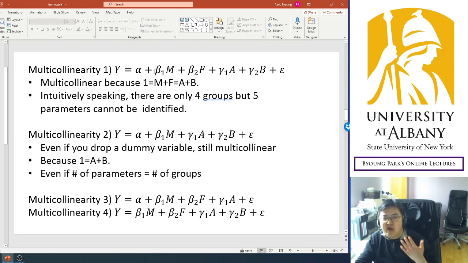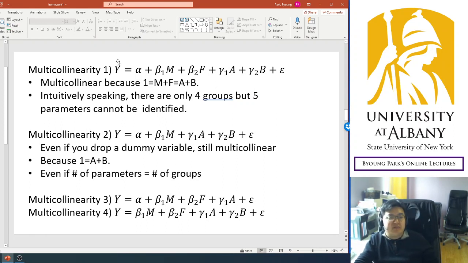You have to tell that there are 2 multicollinearities at the same time. The first multicollinearity is coming from 1 equals M plus F. So M and F themselves are multicollinear. And the second multicollinearity is coming from A and B. Same structure, but they are different multicollinearities.